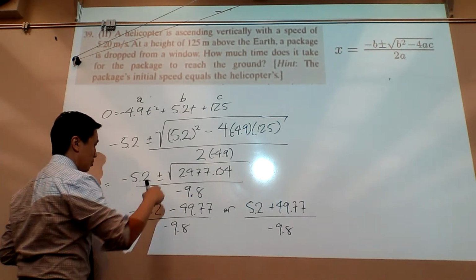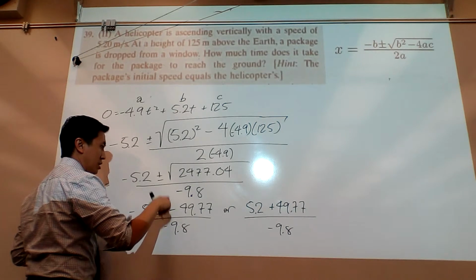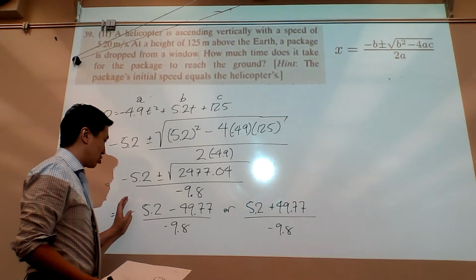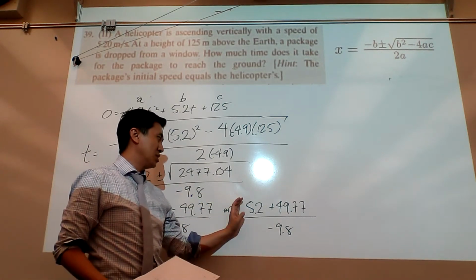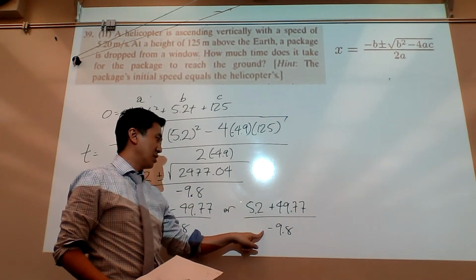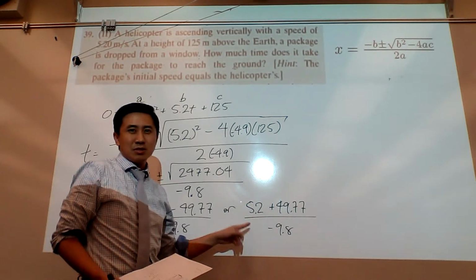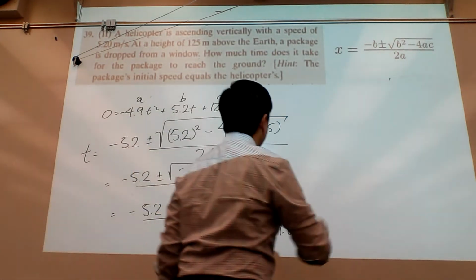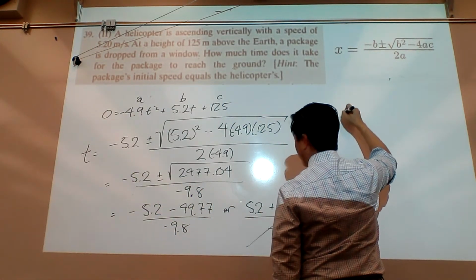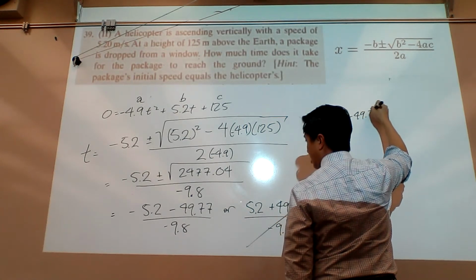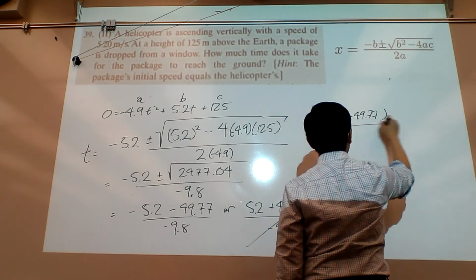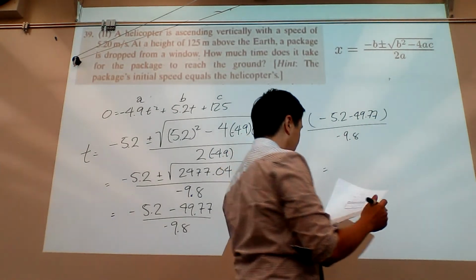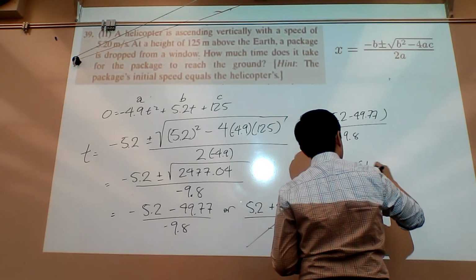Then I divided. See this plus and minus? One side for the minus, one side for the plus. I put the minus here because in my head, this is going to turn out positive, and this is going to turn out negative. I know that this can't be the answer because there's no such thing as negative time. So let's reduce that: negative 5.2 minus 49.77, in parentheses, divided by negative 9.8. If you punch in that math, what I got was 5.61 seconds.